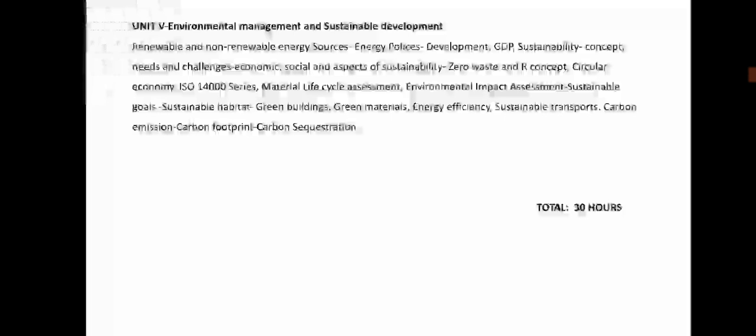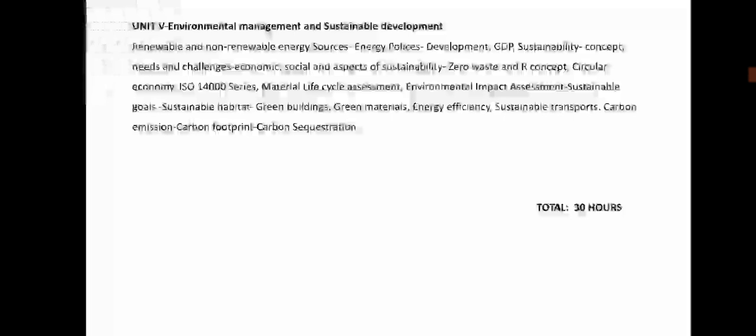In this unit, the students will learn about the types of renewable and non-renewable energy resources, what is meant by development, how development is achieved, what is GDP, what are the sustainable goals, zero waste, the importance of the R principles, circular economy, material life cycle assessment, environmental impact assessment, the green buildings, the importance of green materials, green engineering, energy efficiency, sustainable transport methodologies, carbon emission, carbon sequestration process and carbon footprint.